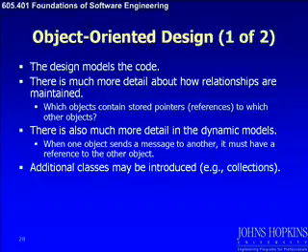So in object-oriented design, you can think of using the same modeling notation, the same UML notation. It's just more detailed. So, for example, how the relationships between the objects are maintained, the associations between the objects. In the analysis, we simply draw a line between the classes on the class diagram to say, hey, an object instance of this class may be linked to an object instance of this other class.